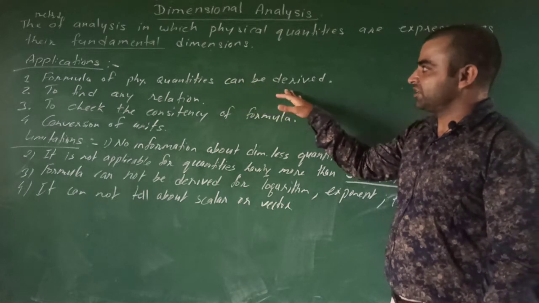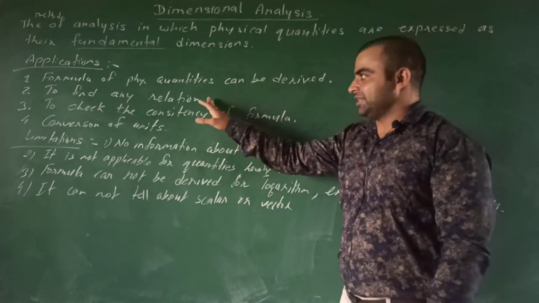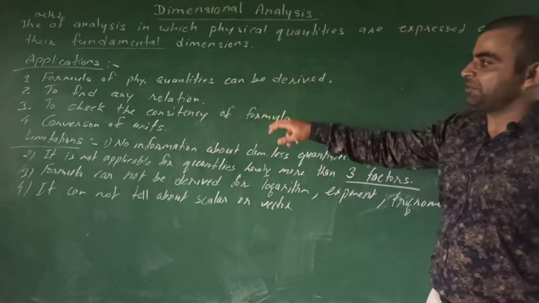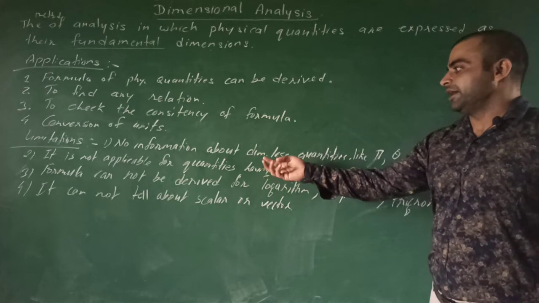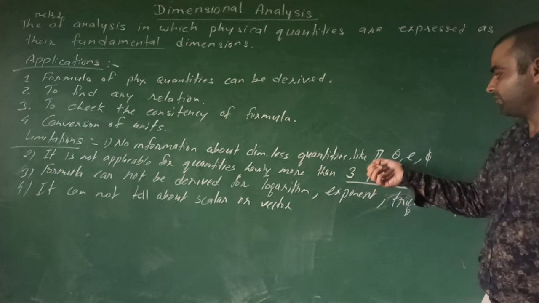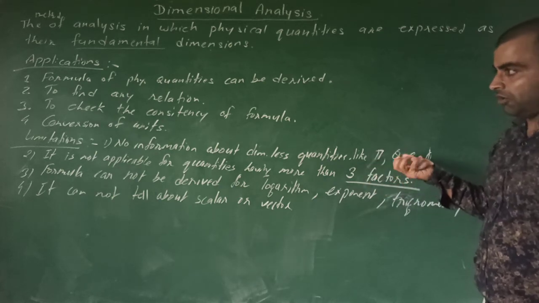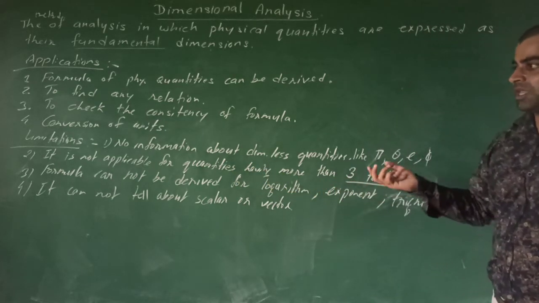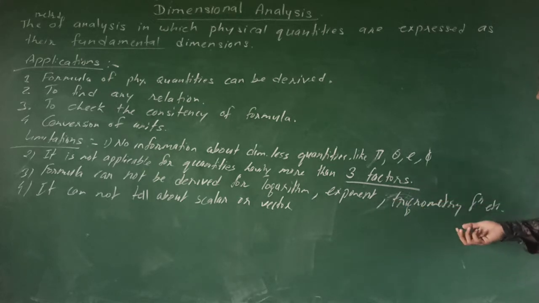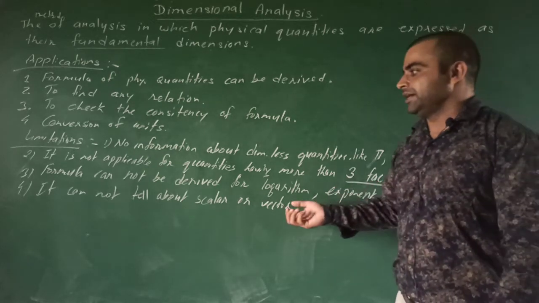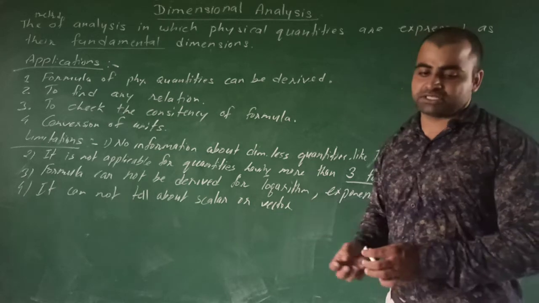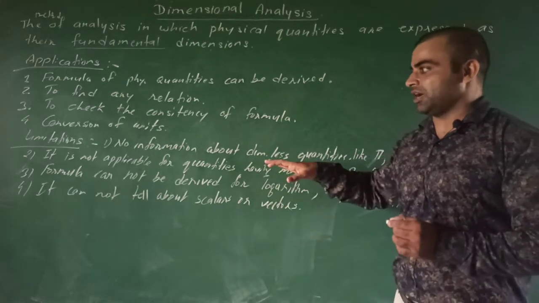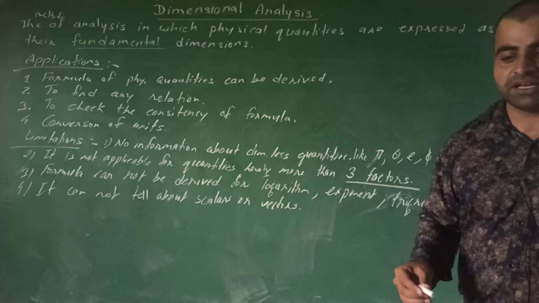Applications: formula of physical quantities can be derived, we can find any relation, check the consistency, and convert the units with the help of dimensions. Limitations: it cannot give information about pi, phi, theta or e. It is not applicable for quantities having more than three factors. Formula cannot be derived for logarithm, exponents, trigonometry functions, etc. It cannot tell whether the quantity is scalar or vector.